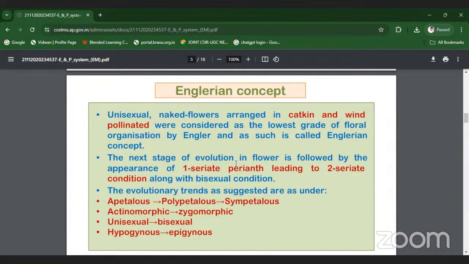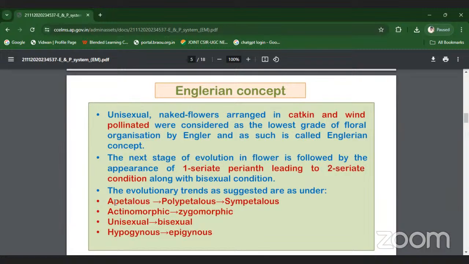The unisexual naked flowers arranged in catkins and wind pollinated were considered the lowest grade of flower organization by Engler, and as such it is called the Englerian concept. The next stage of evolution in flower is followed by the appearance of a uniseriate perianth leading to a biseriate condition. Uniseriate is simple, biseriate is advanced, complex.